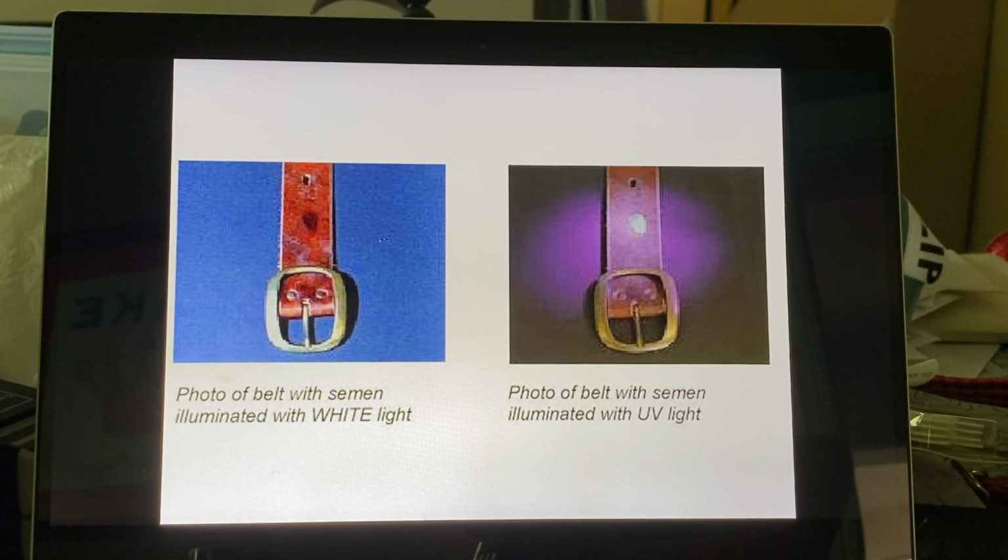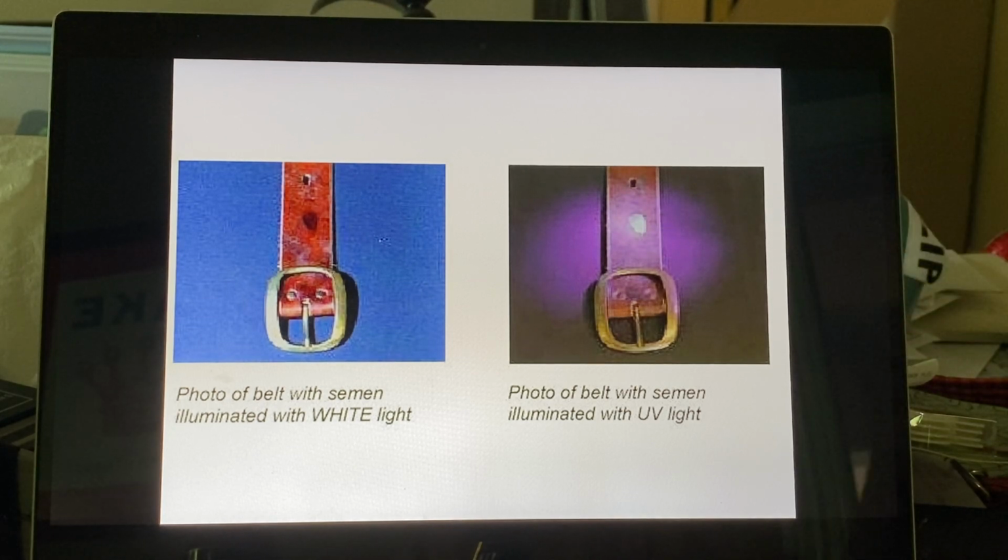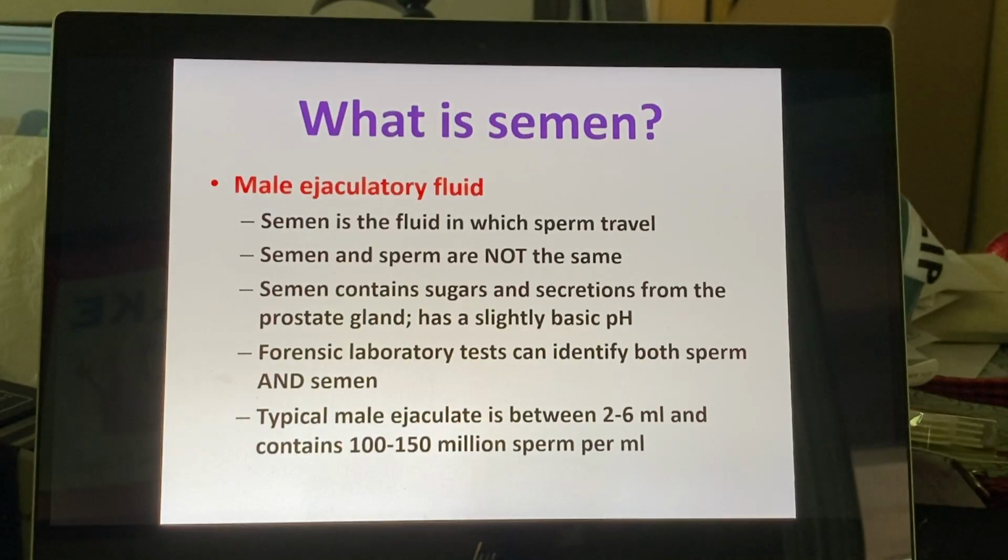Let's do a KM test on that and see what we come up with. But lo and behold, you shine the ALS on it, and look at how it fluoresces. Okay, so that is actually a potential semen stain. Not that there might not be blood mixed in with it, but the fact that it's fluorescing indicates that we need to do some further testing to see if this seminal material is present.